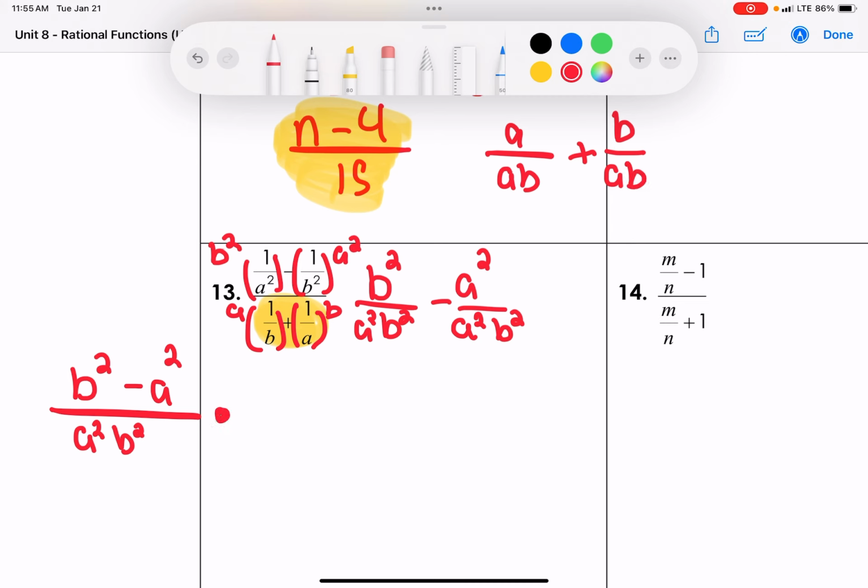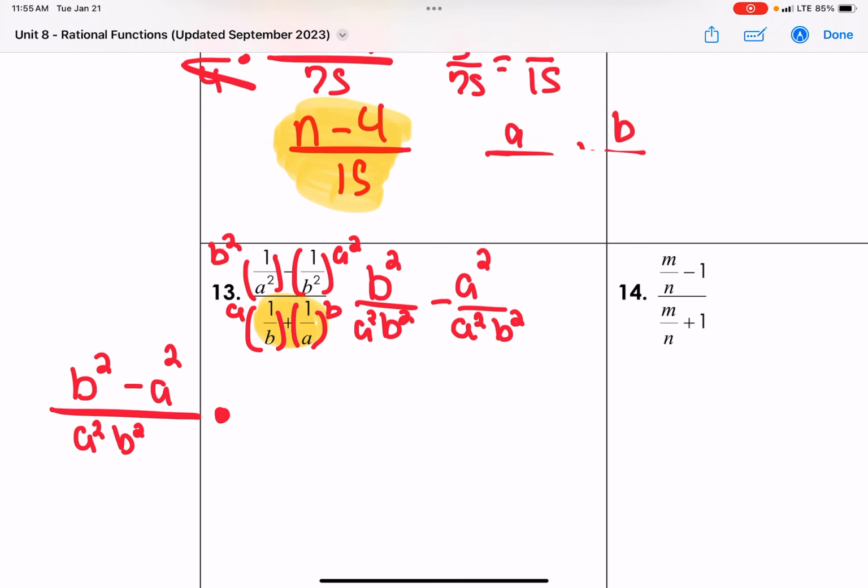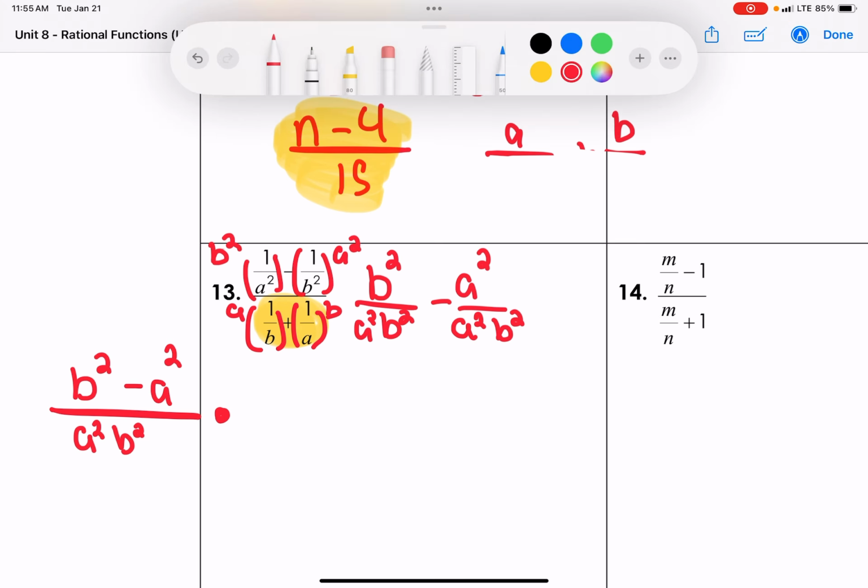They have the same denominator, so this is really just like saying a plus b over ab. So now I'm gonna flip it. I'm gonna have ab in the numerator over a plus b.